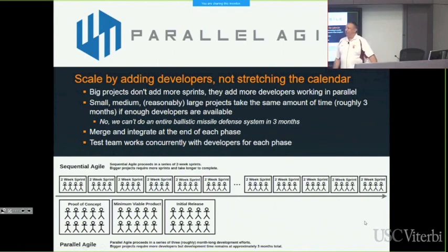What I am claiming is if I have a big system that might take, let's say, 800 developers across multiple companies, I could split that into maybe 8 100-developer parallel agile teams and make a pretty good run at it. But no, I'm not claiming we can even figure out what the requirements are for a ballistic missile defense system in 3 months. So please accept my qualifier.